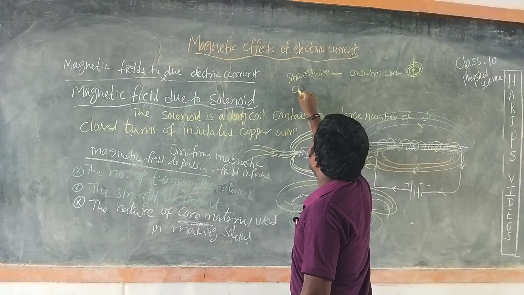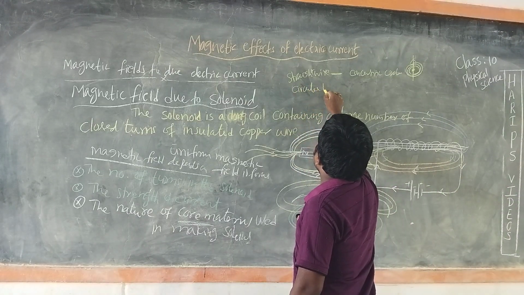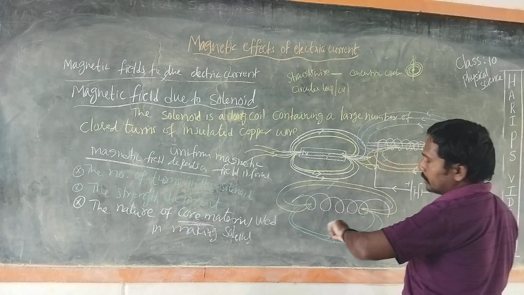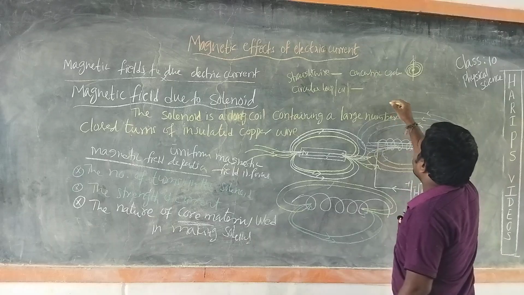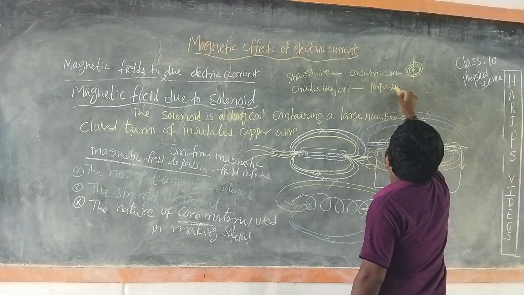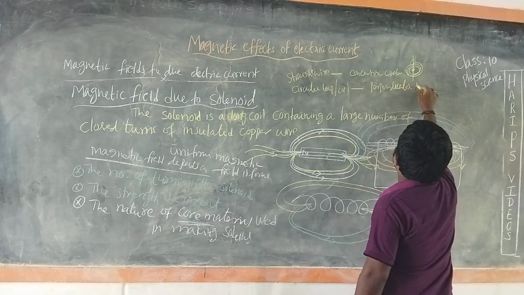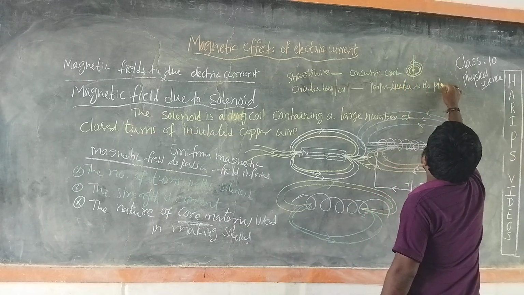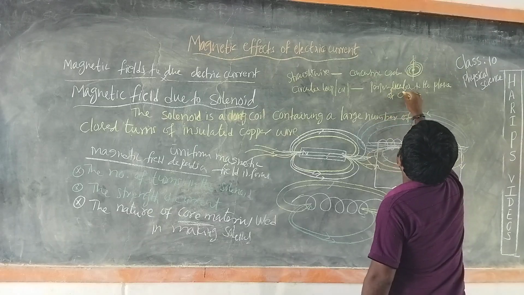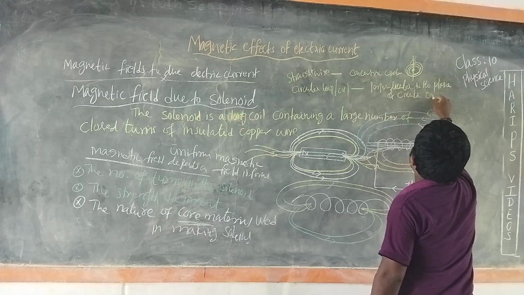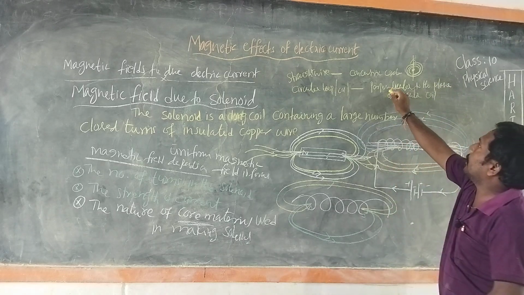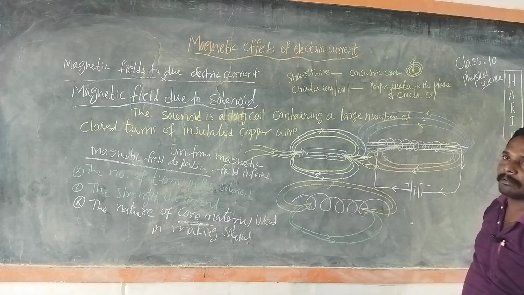In case of a circular loop or coil, it is formed perpendicular to the plane of the circular coil, as said in the previous topic.